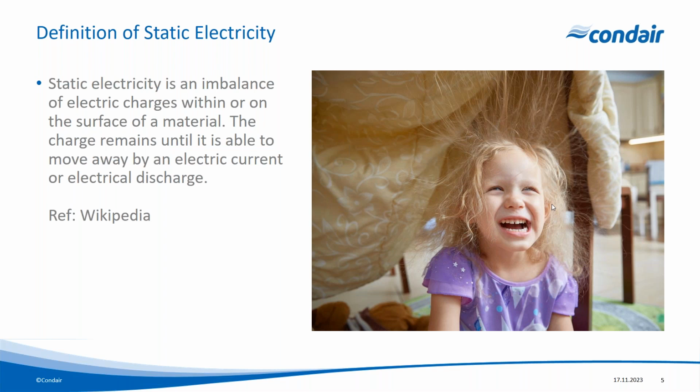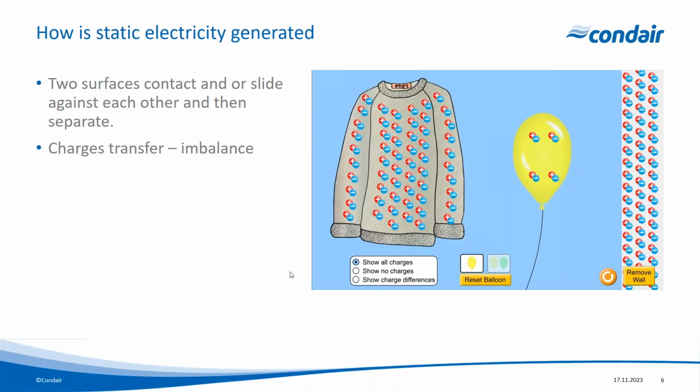So in the image here, we can see a girl sitting under a synthetic blanket, and her hair is wildly attracted to the material in the blanket. So how does this happen? Well, when 2 surfaces contact and separate, charges are transferred from one surface to another.